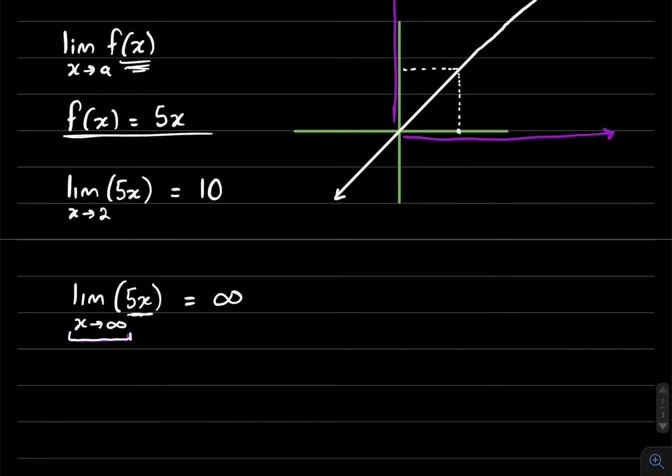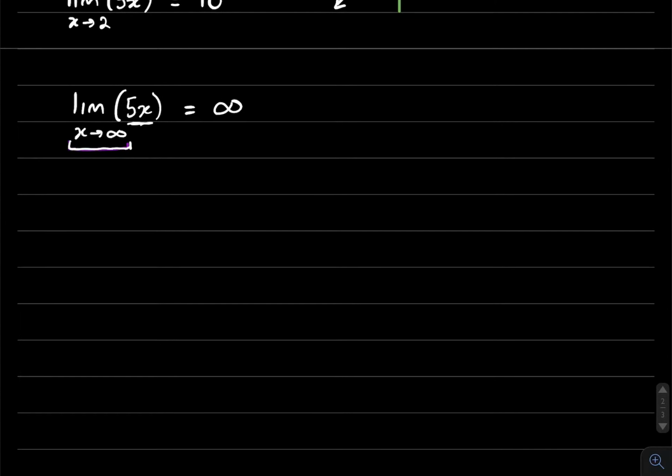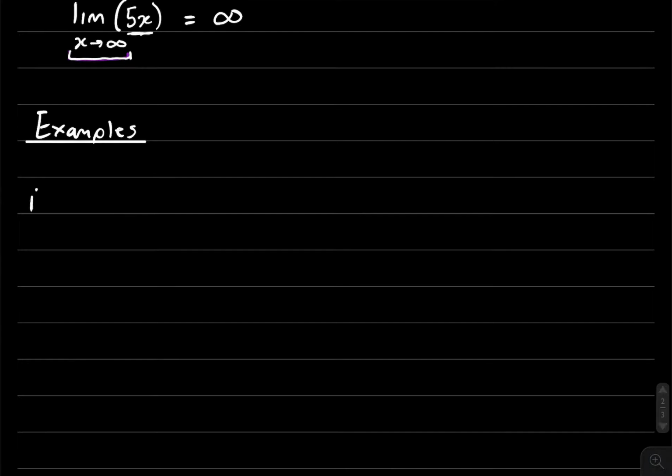All right, so let's look at a couple more examples. Okay, so soon you'll see how all of this links up with series. Okay, so let's look at another example.